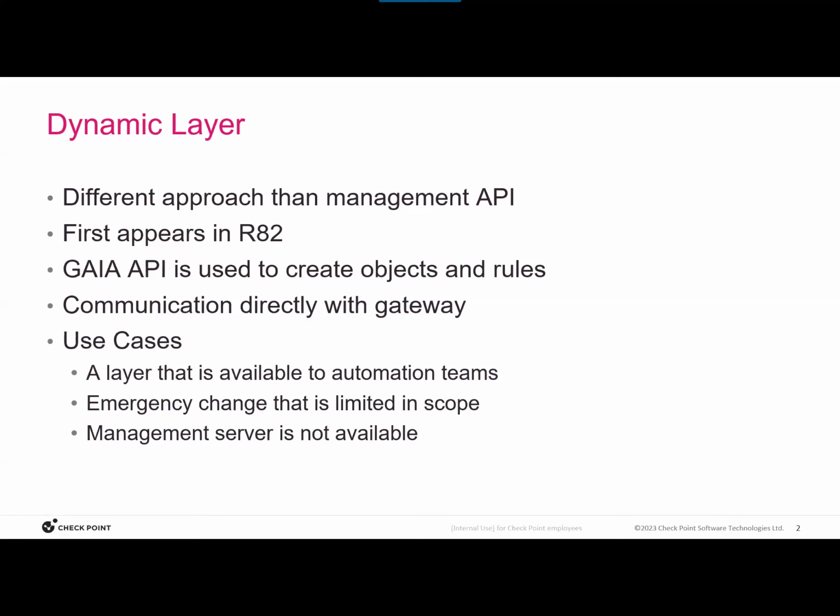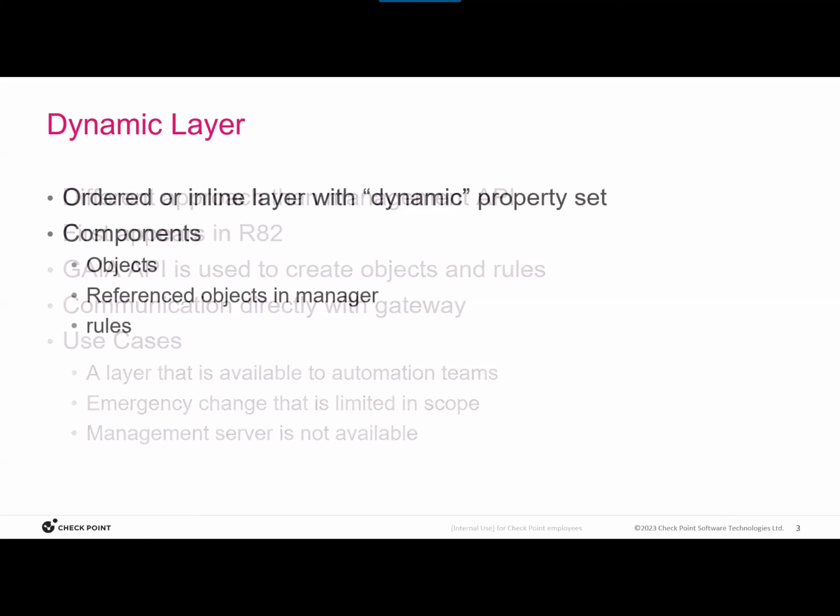The other use cases we came up with would be an emergency change that's limited to maybe only a gateway or two if you had a large population, or, and we don't ever want this to be the case, if the management server, the management instance isn't available. So those are the places where we thought this might be useful.